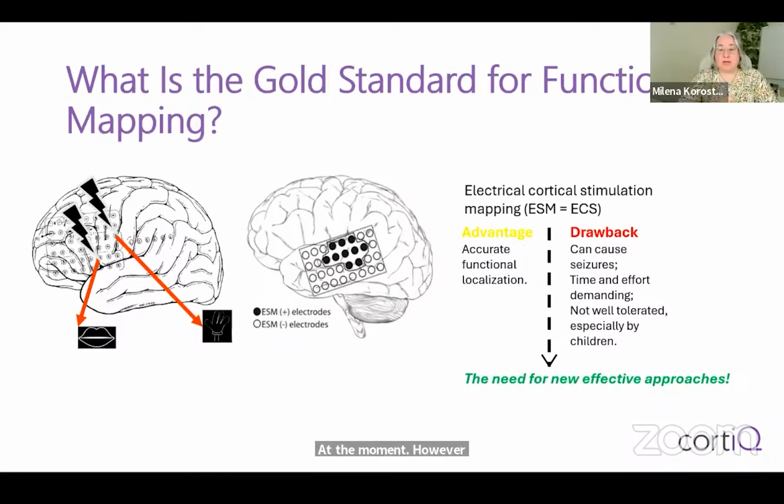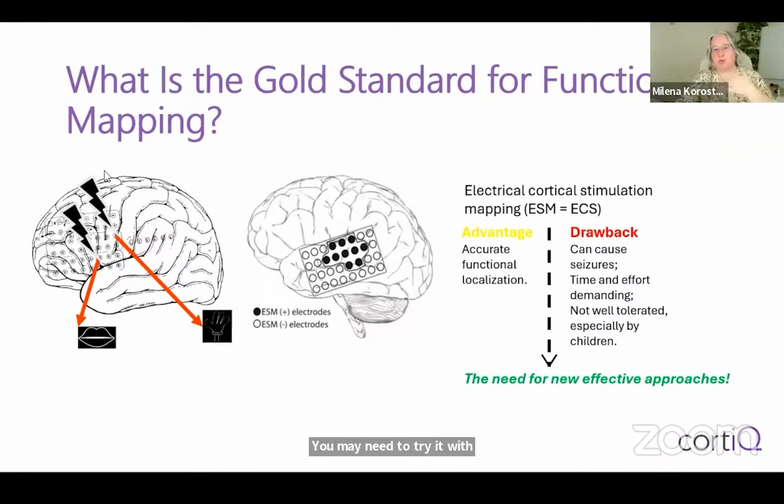However, it has drawbacks. Imagine the child whose brain needs to be stimulated, which takes a considerable amount of time because you need to stimulate each pair of electrodes. You may need to try it with different intensities of stimulation.